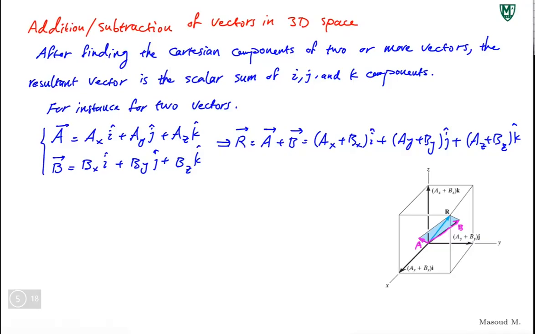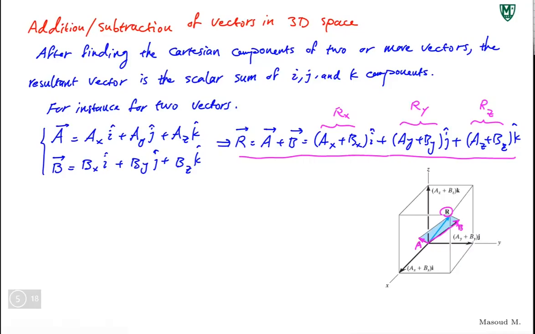So what happens is that the resultant R has components, and those components are basically the vector sum of the components of the other two vectors. And these components, this is Rx, this is Ry, and this is Rz. These components define the resultant vector R.